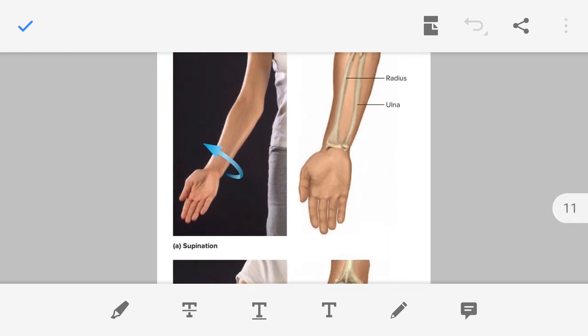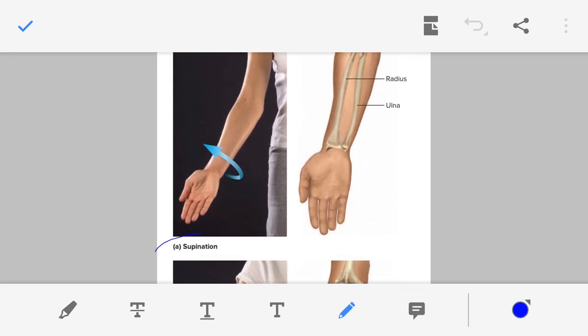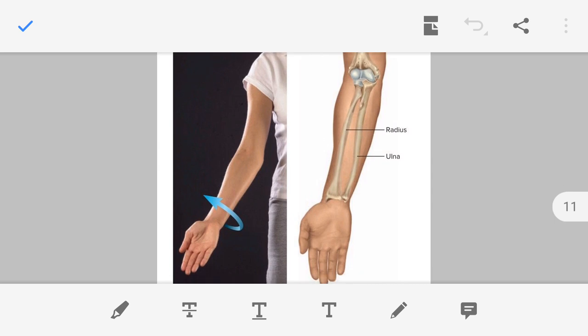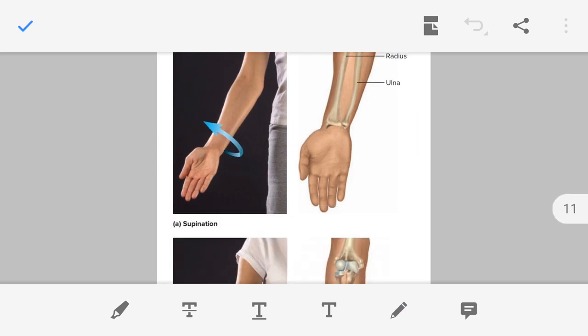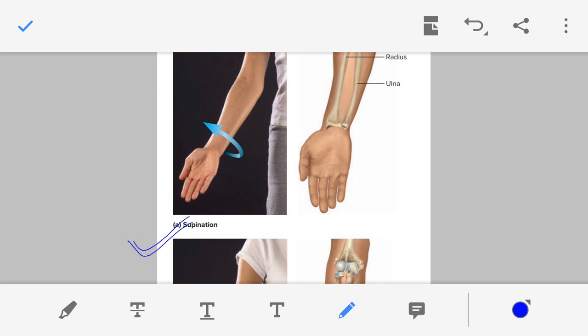For example, this movement, supination. So you observe this. With the help of radius and ulna, we can do the supination movement.